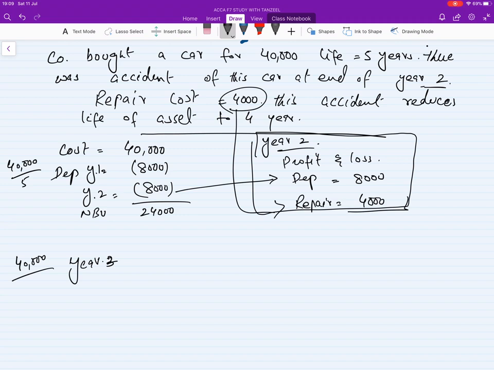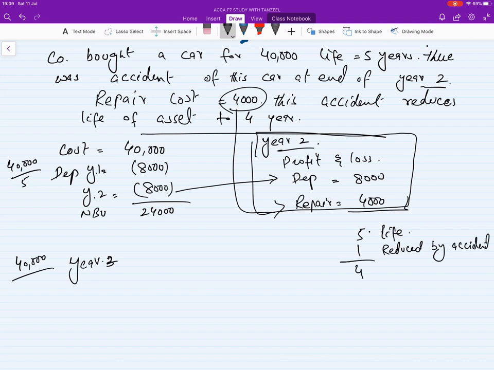Because the accident reduces our life to 4 years, I can calculate here. The remaining life was 5 years before. Then due to the accident, it was reduced.